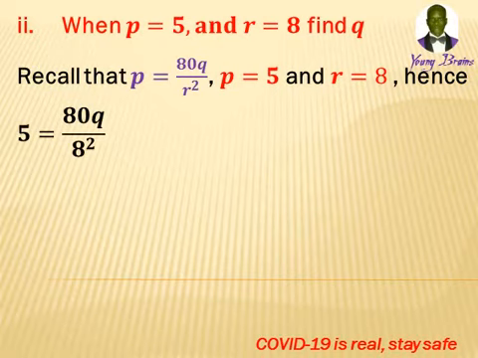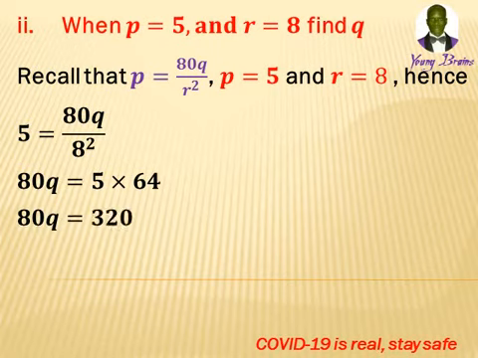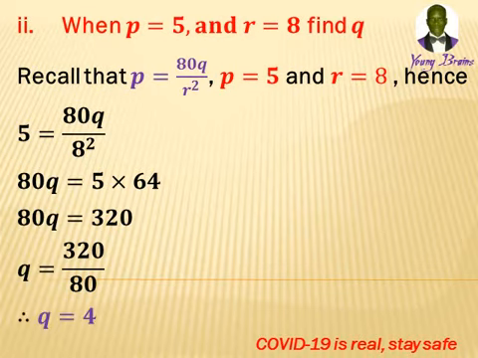So we have 5 equals 80q divided by 8 squared, which gives us 80q equals 5 times 64. Then we have 80q equals 320. Dividing both sides by 80, we have q equals 320 divided by 80. And our q therefore gives us q equals 4.